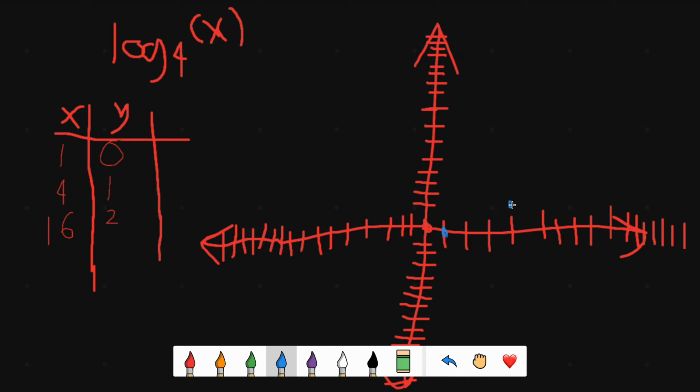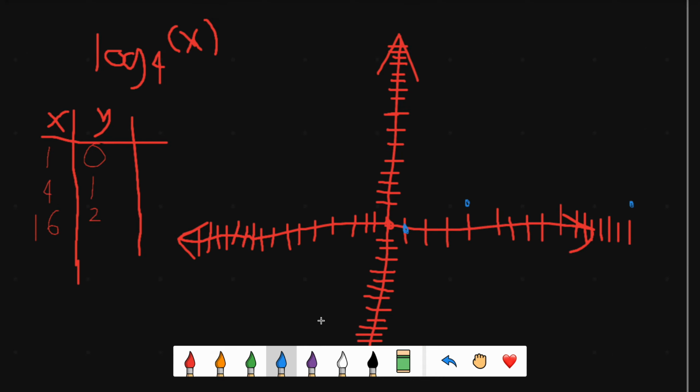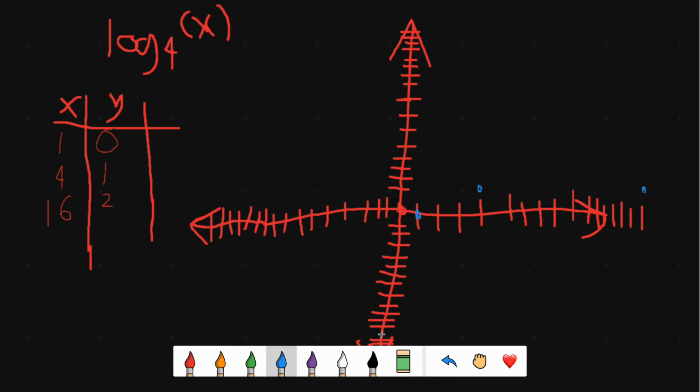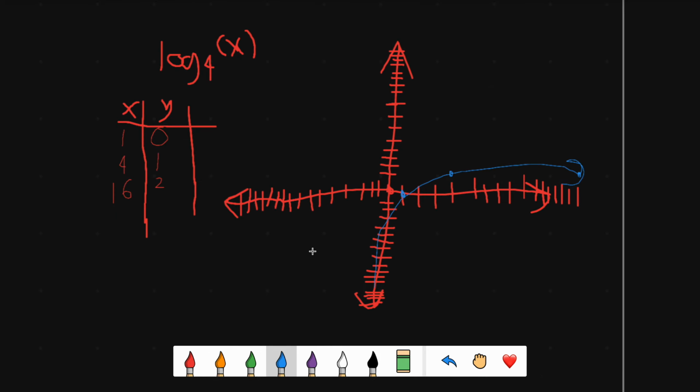And 16, 2. So the graph would probably be somewhere around here. Sorry, my drawing isn't that good, but that is the shape of the function. That's how it's drawn.